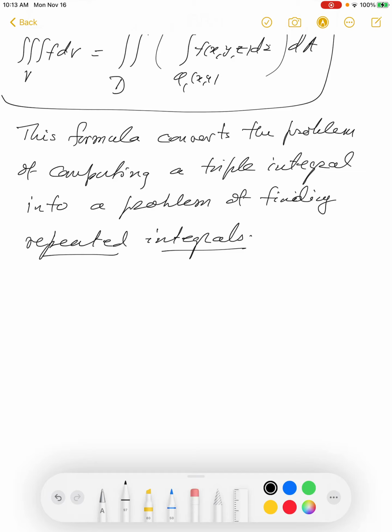So let's look at, for example, problem 1.